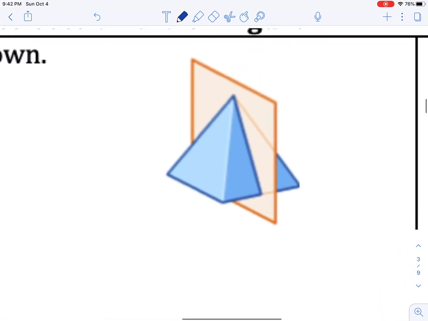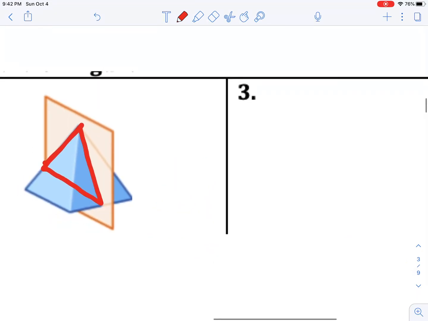All right, cross section. Okay, been kind of struggling with this here. Cross section would be, what is the shape that's made when this is cut? And if you opened it up and looked at it 2-dimensionally, the face on the inside is going to be a triangle.